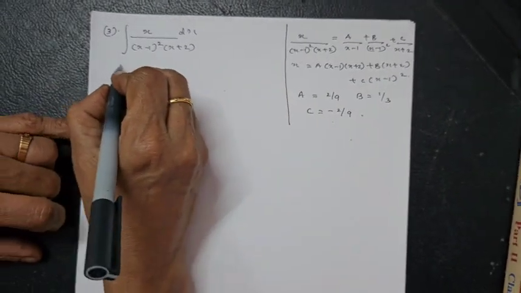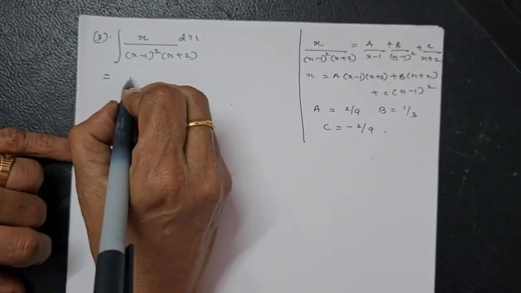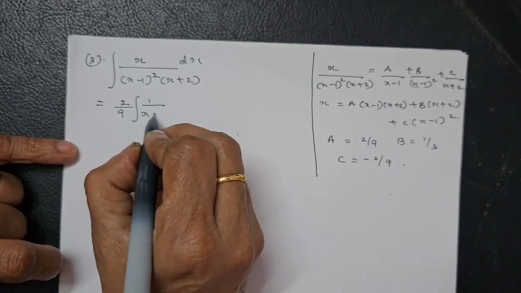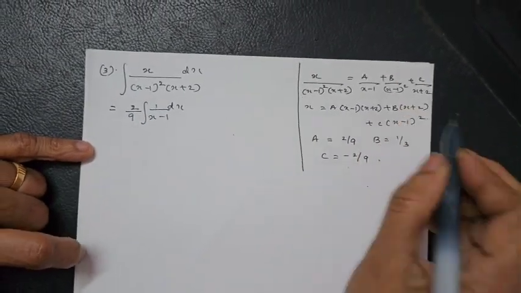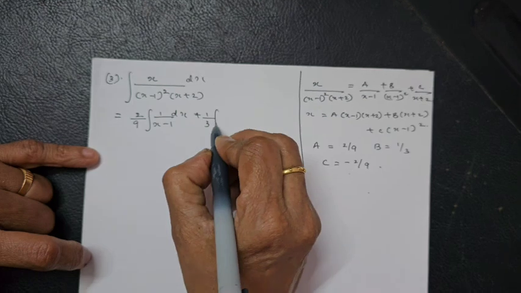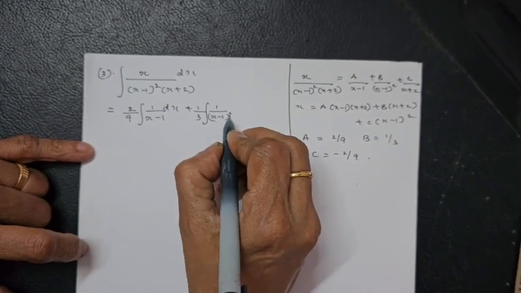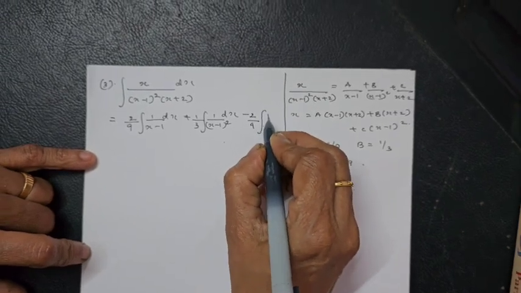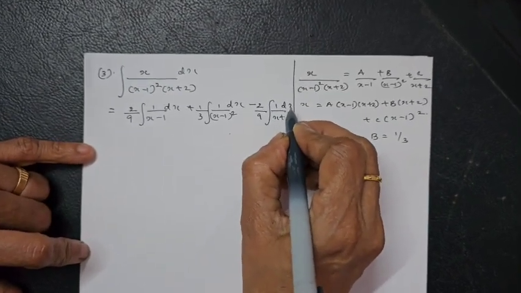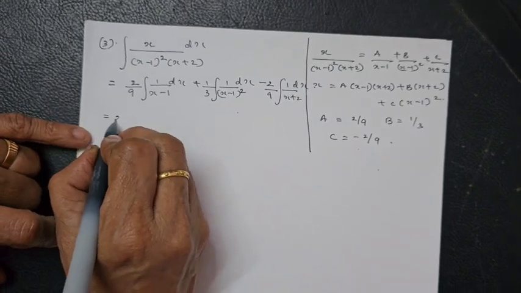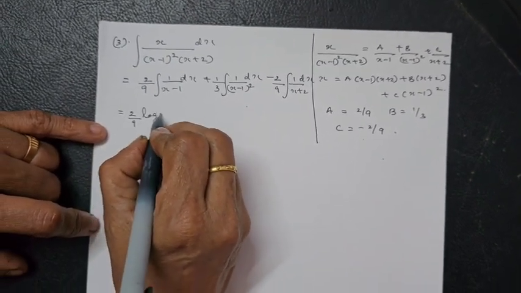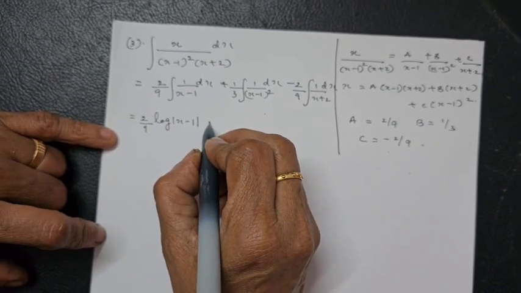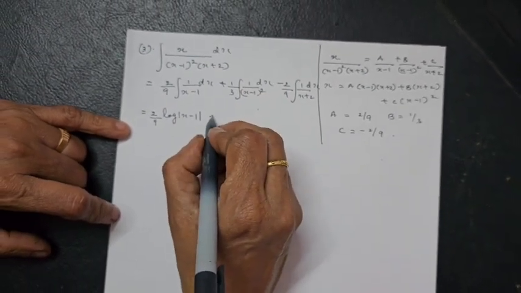Okay, coming back, this is equal to a, that is 2 by 9 into integral 1 by x minus 1 dx plus b, that is 1 by 3 into integral 1 by x minus 1 whole square dx plus c, that is minus 2 by 9 into integral 1 by x plus 2 dx. So you have 2 by 9 log mod x minus 1 plus 1 by 3 into x minus 1 raised to minus 1 by minus 1.